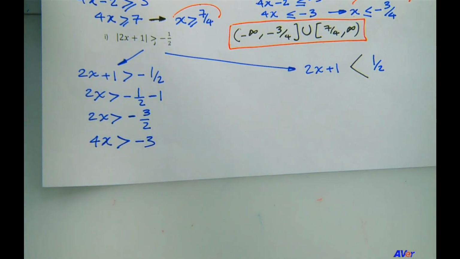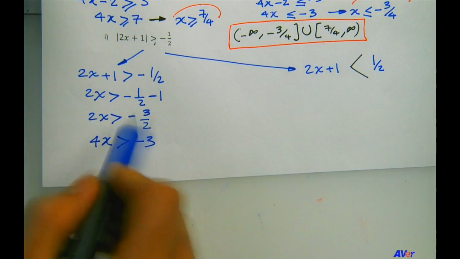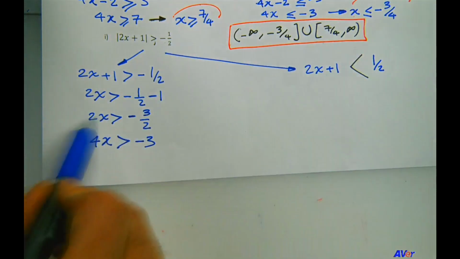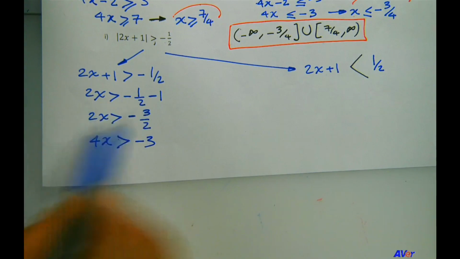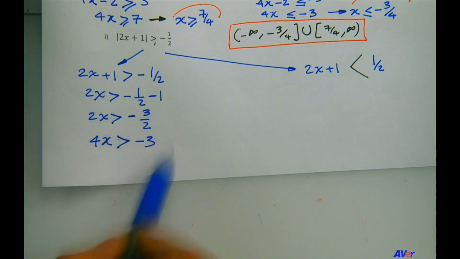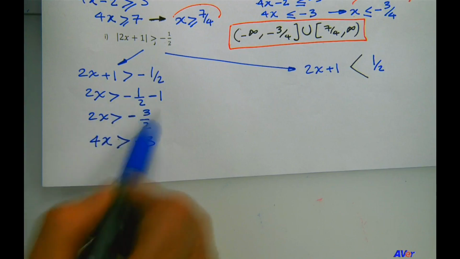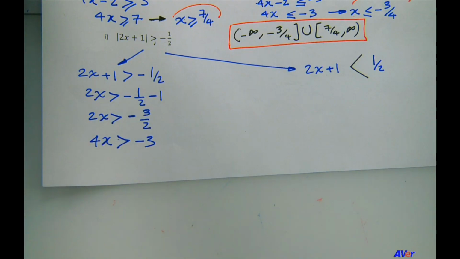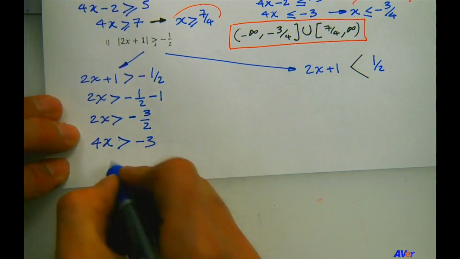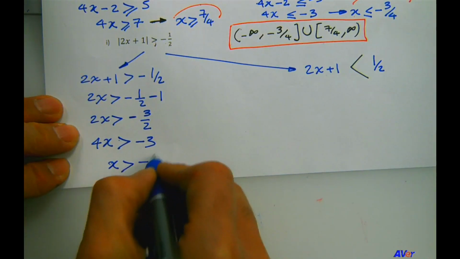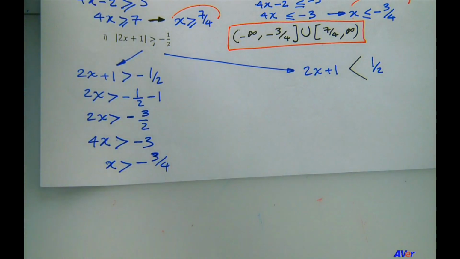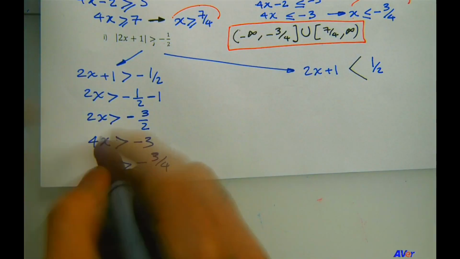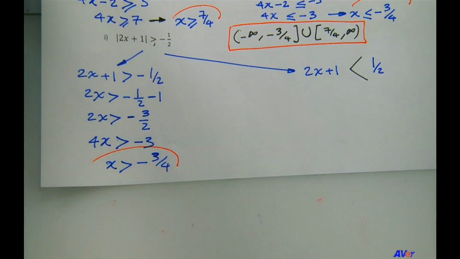Multiply both sides by 2 to get rid of this fraction. 2 times 2x is 4x, greater than 2 times minus 3/2, minus 3, because the 2 and the 2 cancel each other out. So then we end up with x greater than minus 3/4. Okay, so that's one of the solutions, half of the solution.